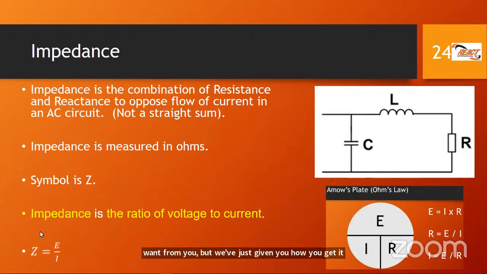But there's another way, or formula, that you could consider. On the right-hand side, those of you who took the technician class may be familiar with the Ohm's law plate, where we show Ohm's law and how easy it is to derive any term once you know E is equal to IR.